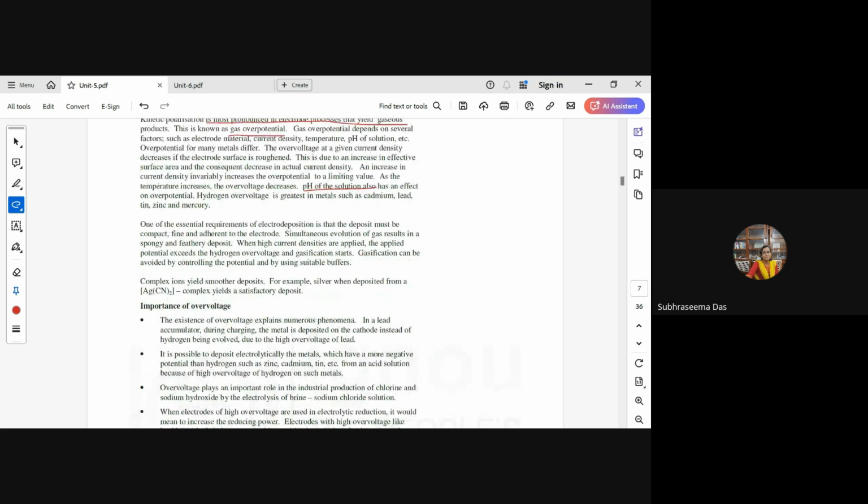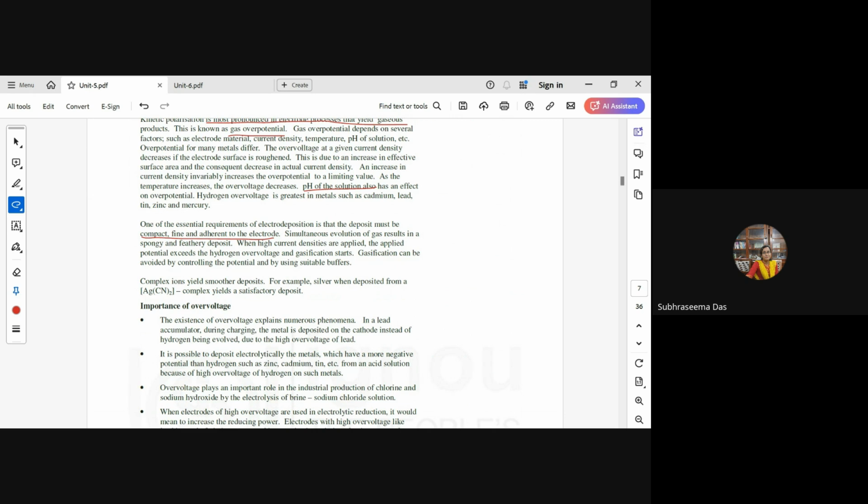One of the essential requirements of electrodeposition is that the deposit must be very compact, fine, and adherent to the electrode. In addition, the deposit must be pure in nature and free from any traces of impurity. Simultaneous evolution of gas in the cell also results in spongy deposits.